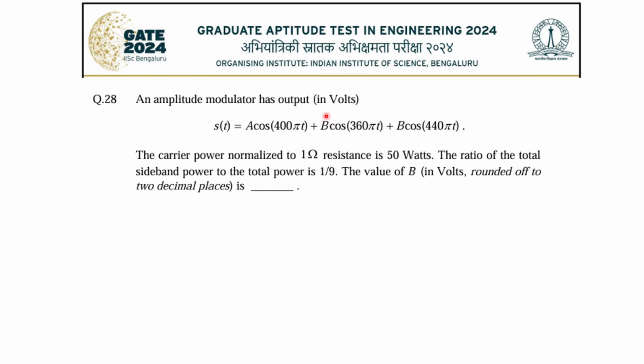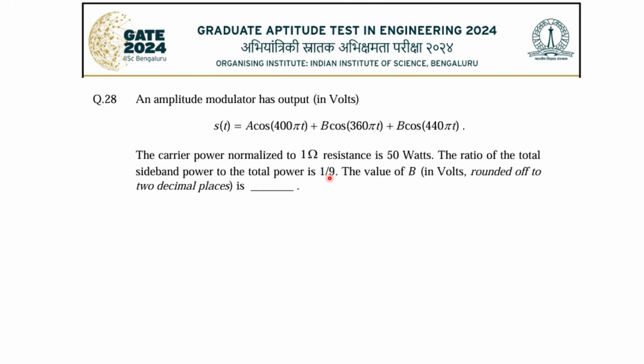Total sideband power means the lower sideband power plus the upper sideband power. Total power means sideband power plus carrier power. So A squared by 2 plus B squared by 2 plus B squared by 2 is the entire power, and the ratio of sideband power to total power is given as 1 is to 9.